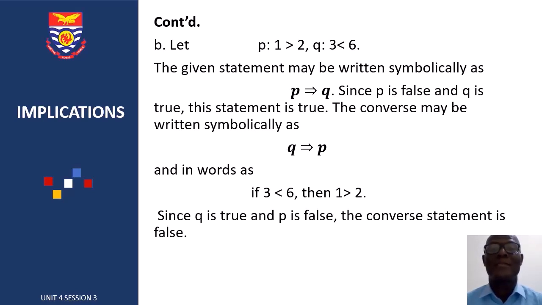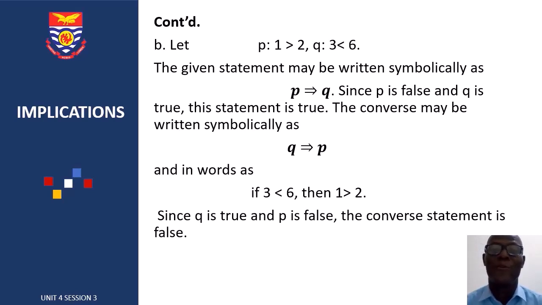Now writing this symbolically means we write P implies Q. Now for us to determine if P implies Q is true or false, 1 is greater than 2 is false, and 3 less than 6 is true. Since the first statement is false and the second statement is true, we conclude that P implies Q is true.